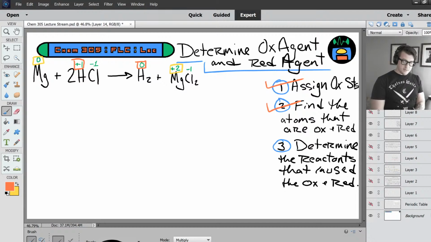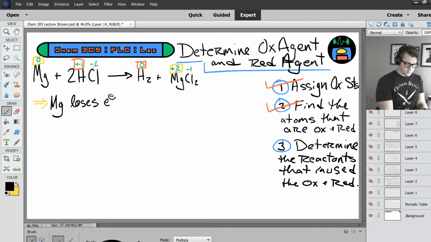So we've found the atoms that are oxidized and reduced. Magnesium is going from a 0 to a +2, so we say magnesium loses electrons. Lose electrons, oxidation, right?